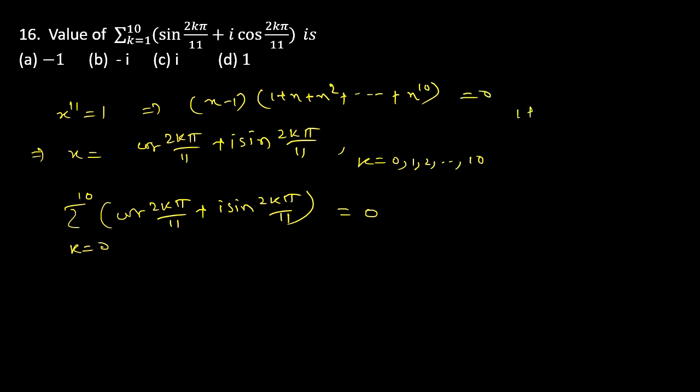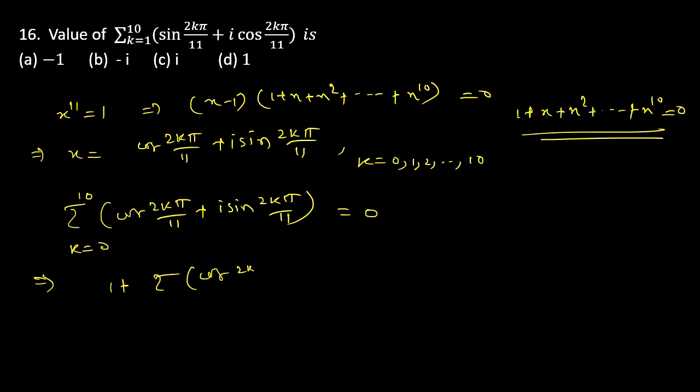Then 1 plus x plus x squared plus dot dot plus x to the power 10 must be 0. So if we add all the roots of this equation, we get 0. Now for k equal to 0, this will be cos 0 plus i sin 0. So this is 1 plus the sum of cos 2k pi by 11 plus i sin 2k pi by 11 from k equal to 1 to 10. Okay.